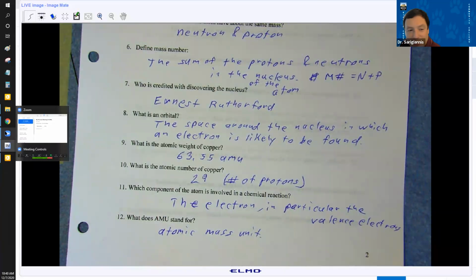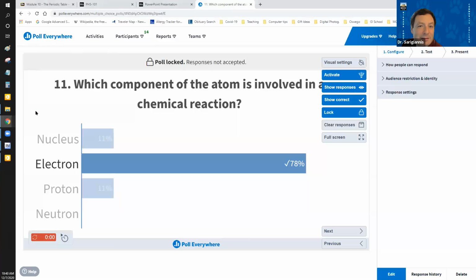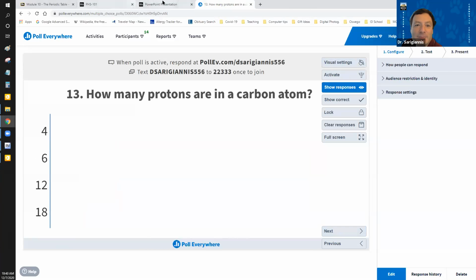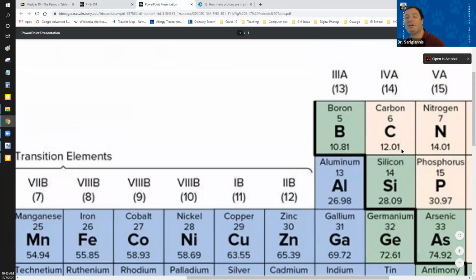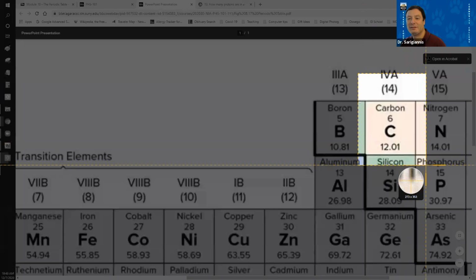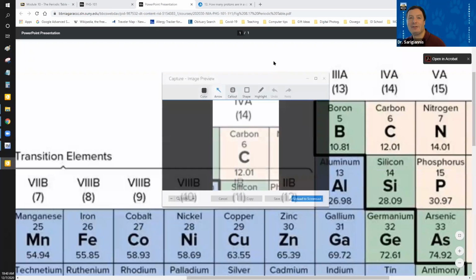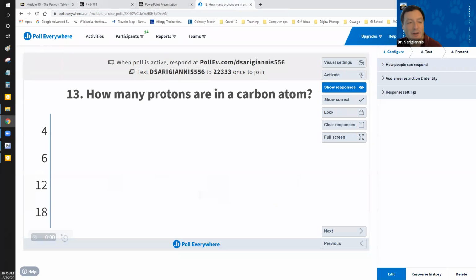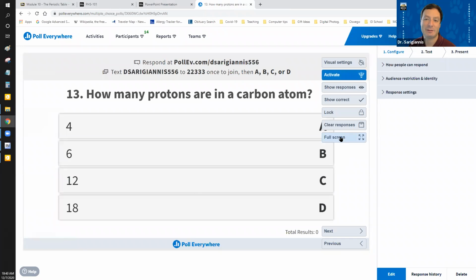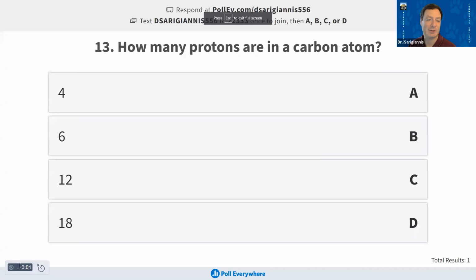All right. Should I do this as a poll? I think I can. Let me get a screenshot of carbon. Remember, carbon, atomic number 6, atomic weight is 12. Let me activate this, put the timer.